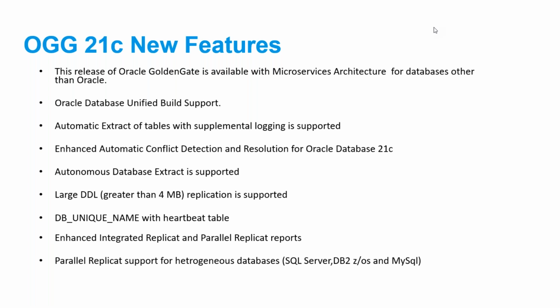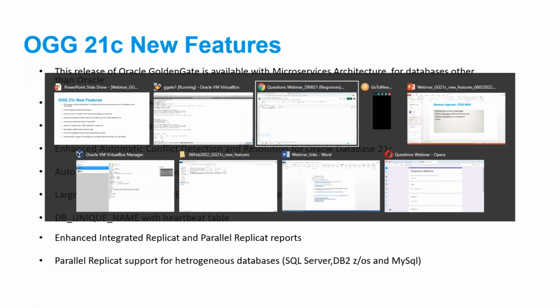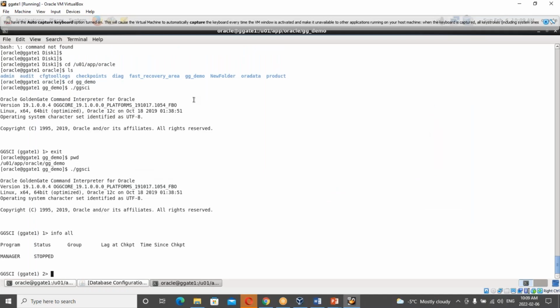That is one feature. Another feature is Oracle database unified build support. That is one of the major changes in 21C. I'll show you with an example. When you install Oracle Goldengate 19C, let me exit.